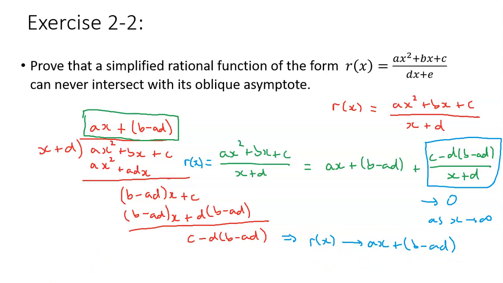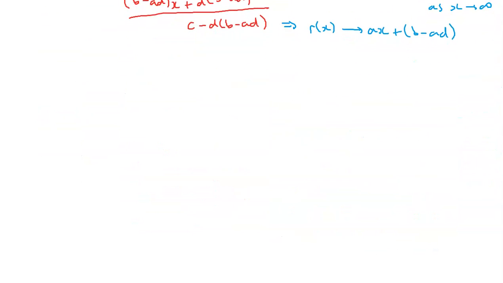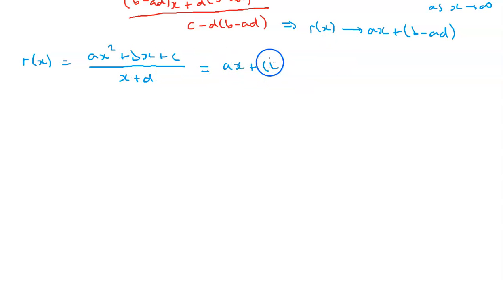Okay, so now that we've found the oblique asymptote, we want to prove that our rational function r of x can never intersect with it. So r of x is equal to ax squared plus bx plus c divided by x plus d, and if it were to intersect for some value of x, we would have that this is equal to ax plus b minus ad. And then from here it just becomes about algebra.